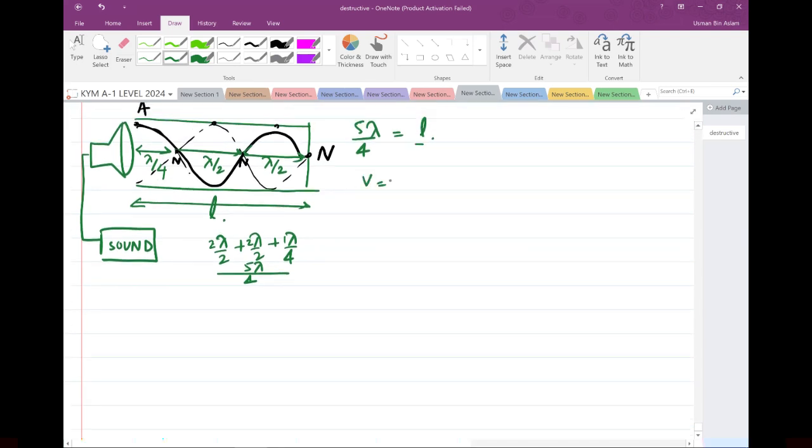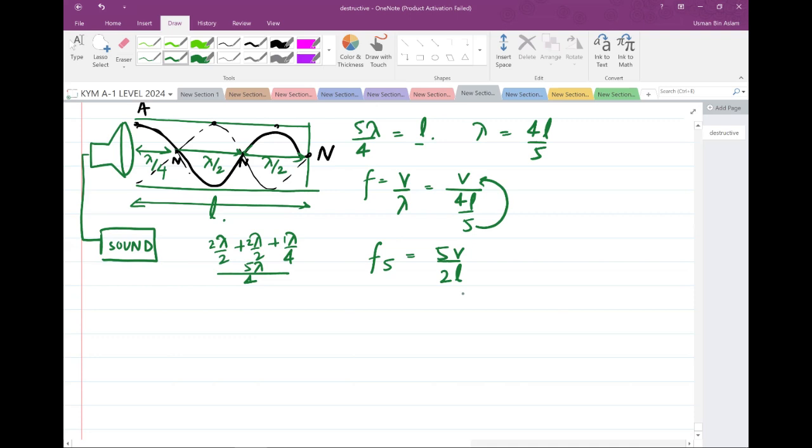If you remember F equals V over lambda, the lambda from here came out to be 4L by 5. So instead of lambda, you substitute 4L over 5. This 5 goes in the numerator and gives you the formula F5 equals 5V by 2L.